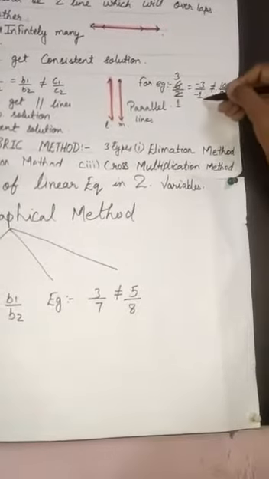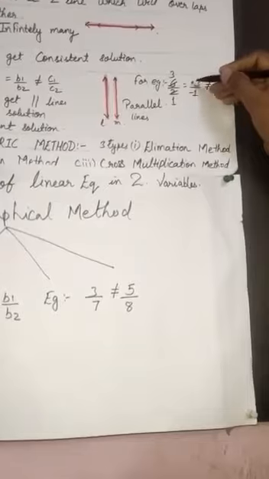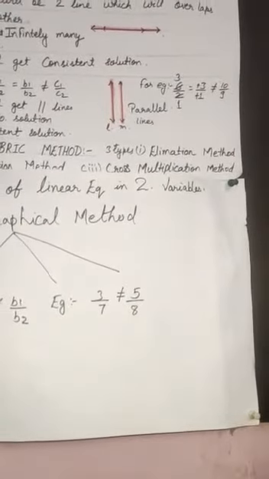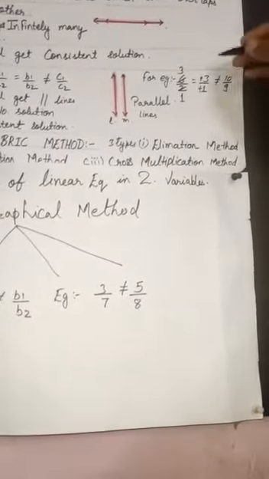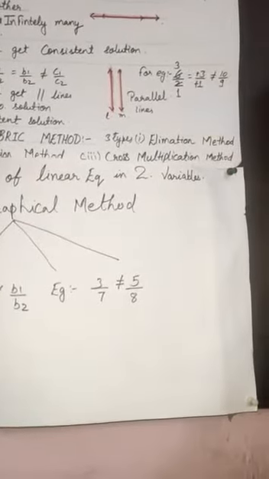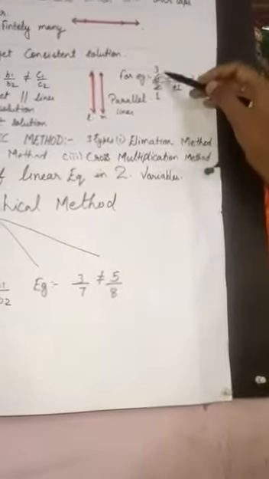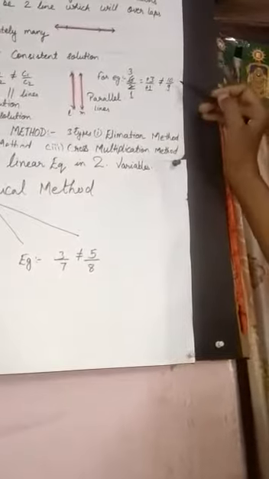Here also 3 by 1, and here also 3 by 1, but minus minus cut, so it becomes plus. Now it is 3 by 1 in both, but the last answer is not matching with these two answers, means A1 by A2 and B1 by B2 are equal to each other, but C1 by C2 is not equal.